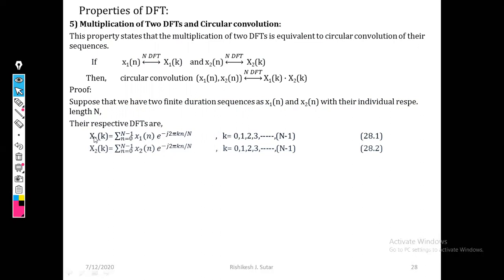Similarly, I can write the expression for the second DFT: x2 of k is equal to summation x2 of n e raised to minus j 2 pi kn upon capital N, n runs from 0 to N minus 1.